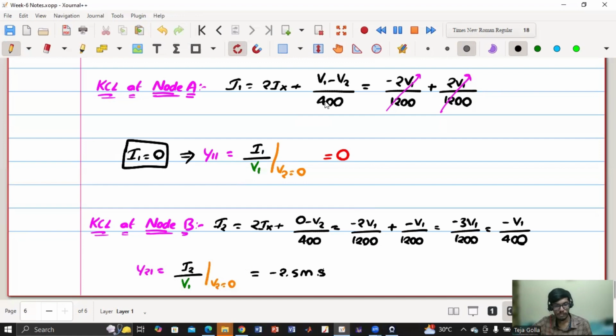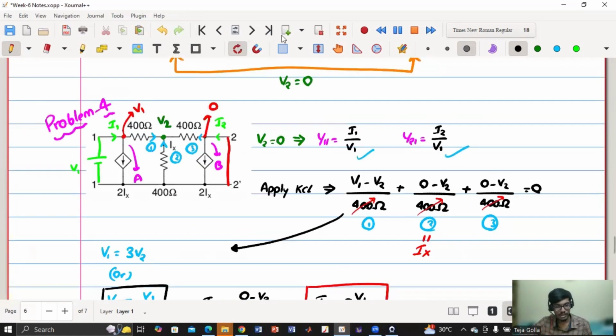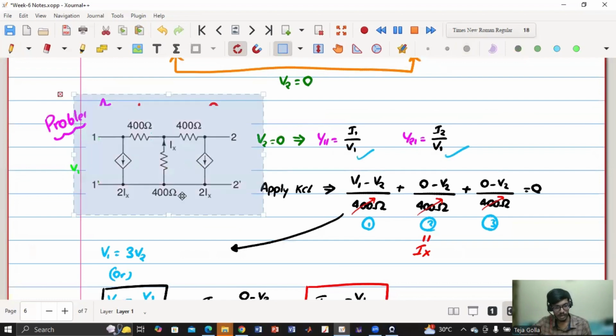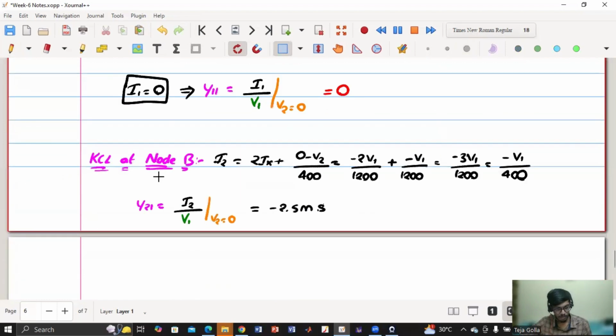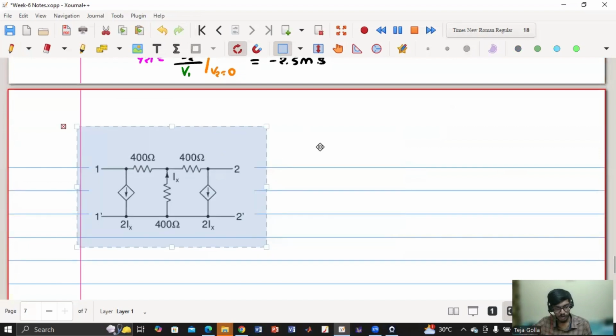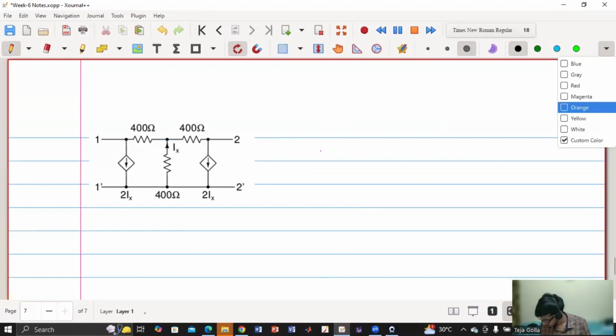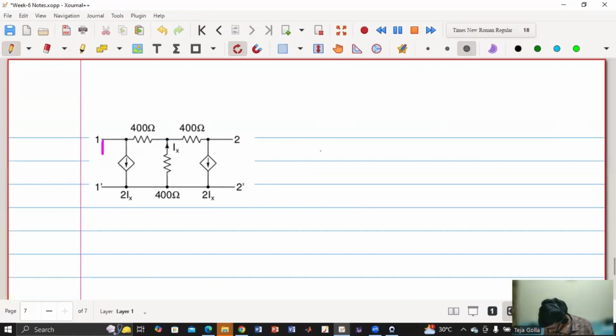So now we have done it for V2 equals 0. Now let us see whether we can get V1 equals 0. If V1 is 0, and V2 is given, and this is I2 and this is I1.